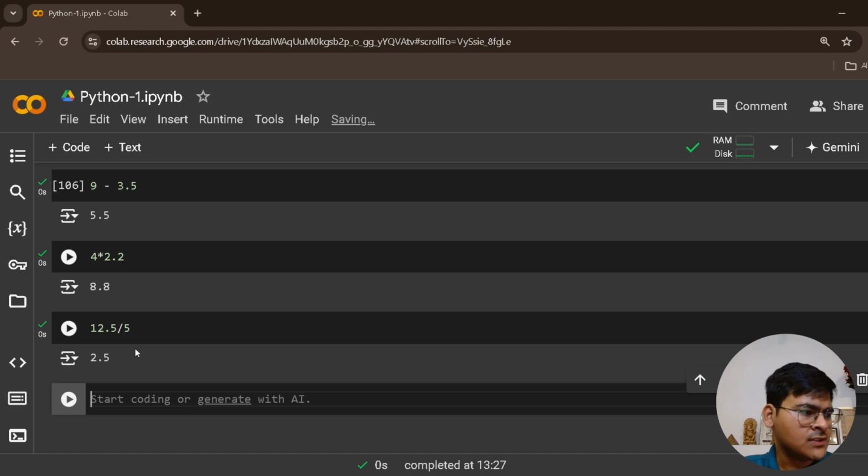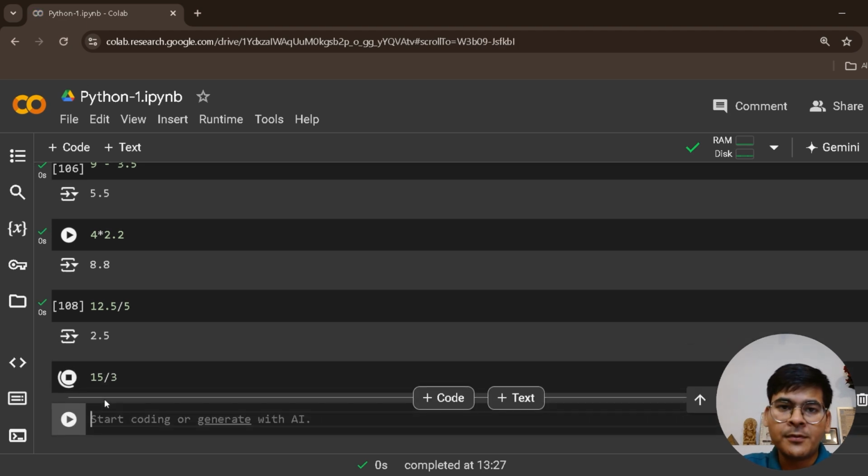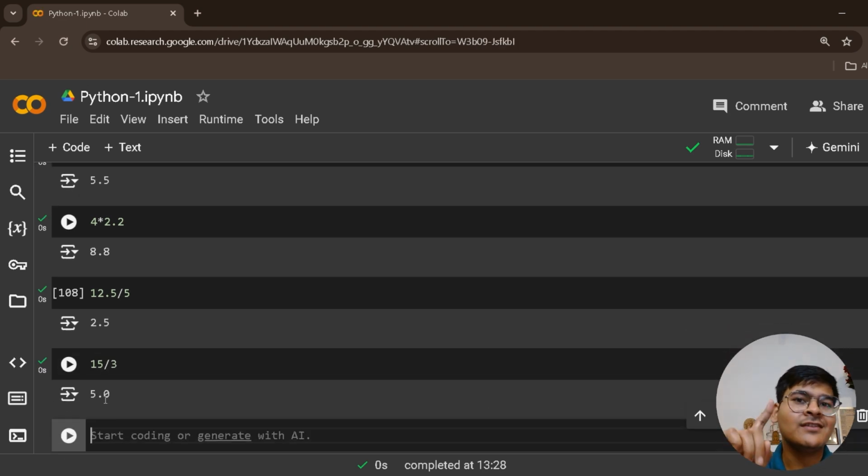Where many people make a mistake: if you do 10 divided by 2 or 15 divided by 3, it will not be 5, it will be 5.0. 5 is an integer, 5.0 is a float.